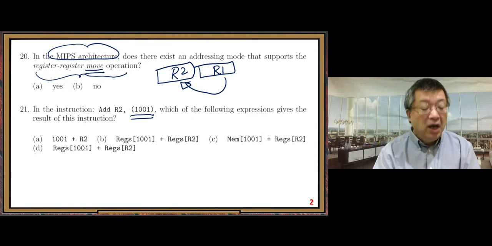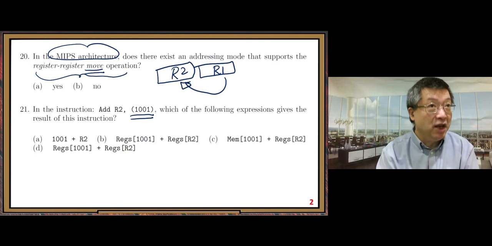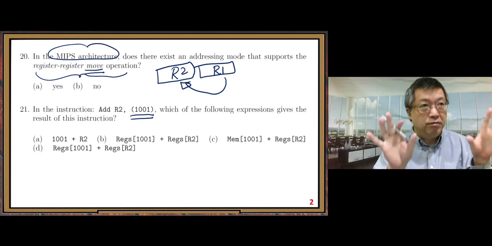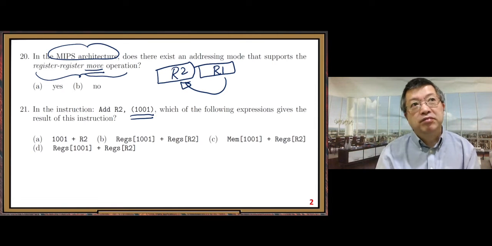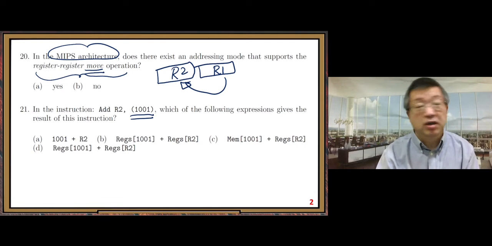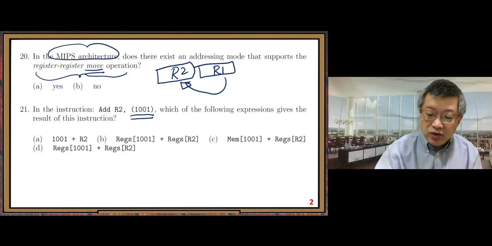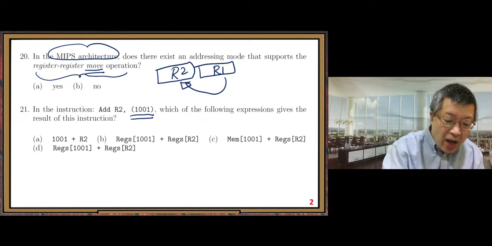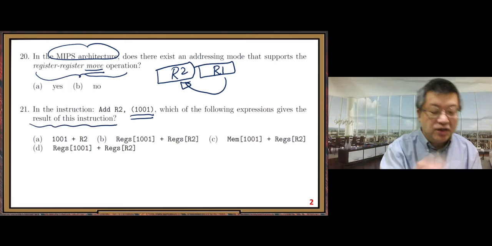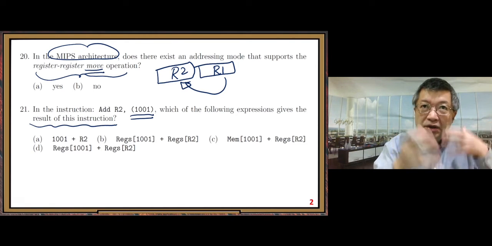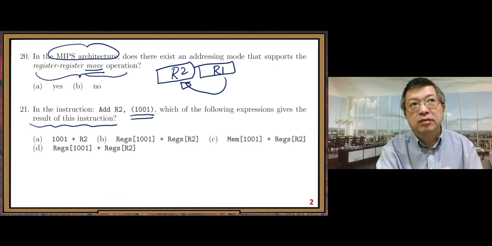You can see here, I do not talk about MIPS architecture, so this instruction does not belong to MIPS architecture. So try to represent the result of this instruction, the addition result. After you do the calculation, you get the value of the result. Which one has that value?